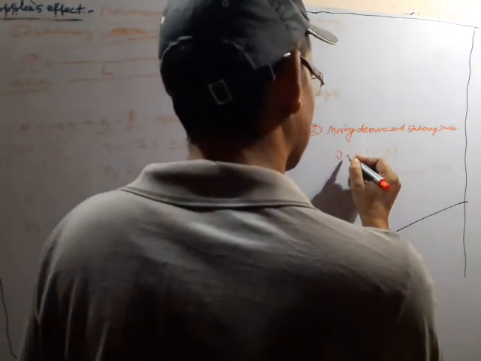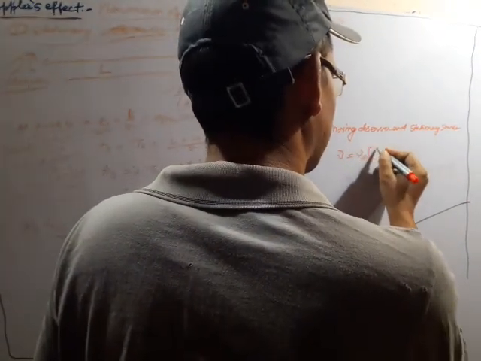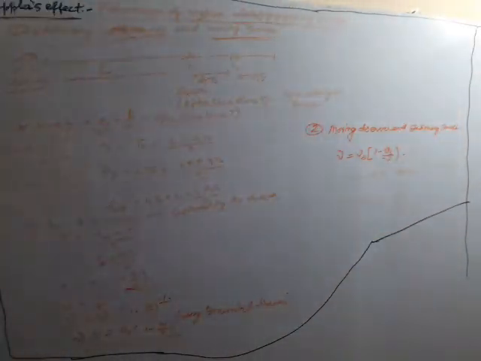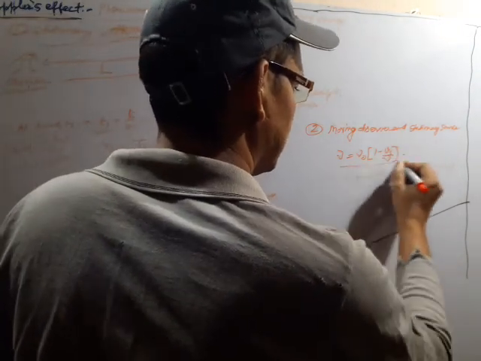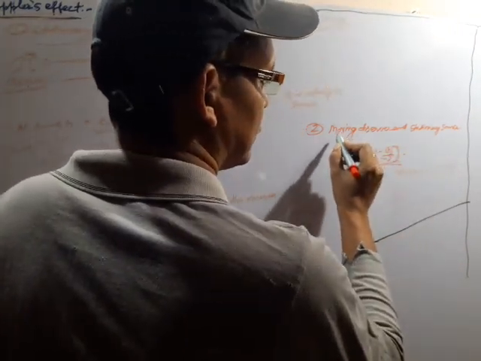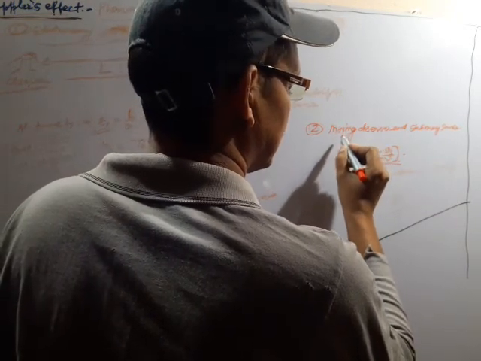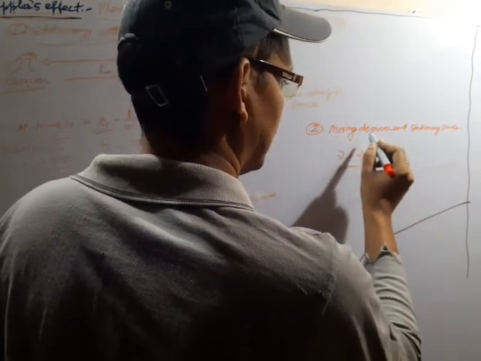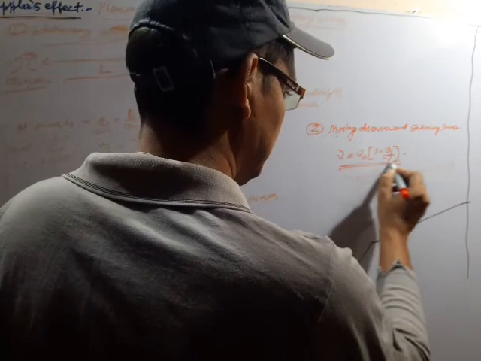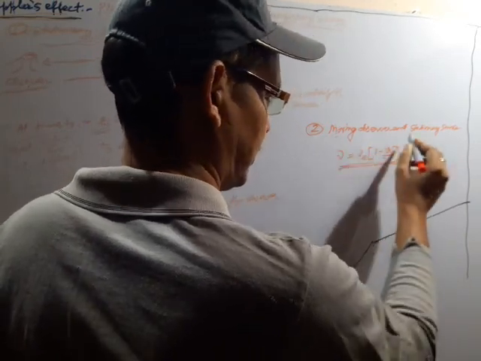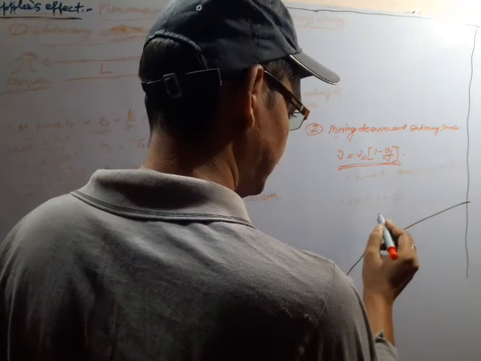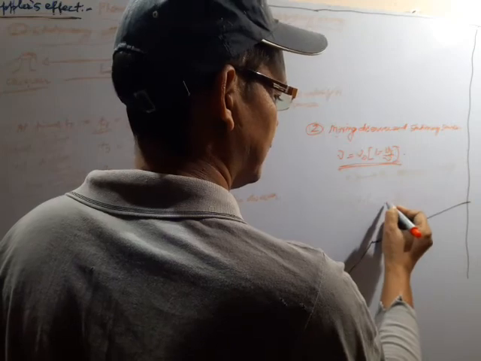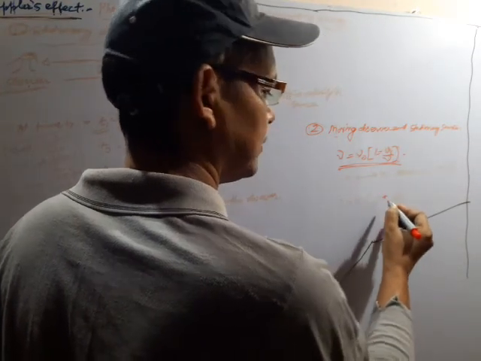In the previous case, nu is equal to nu 0 times (1 minus Vs by V). This is the case when the source is moving and the observer is stationary. But in the case of a moving observer and a stationary source, there was a negative sign there, and here you should put a positive sign.